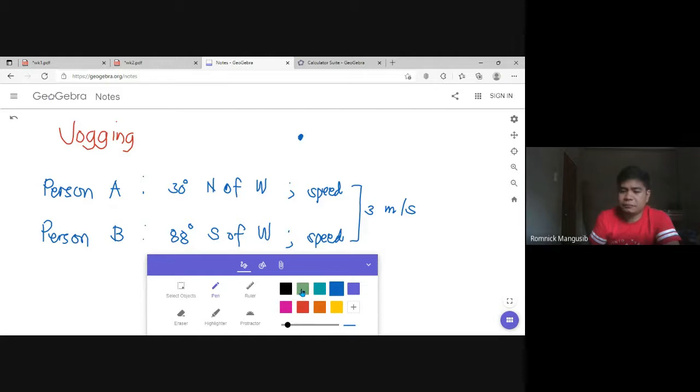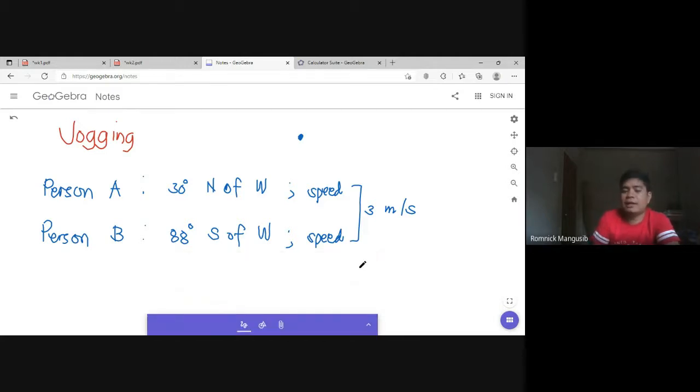So, gaano na sila kalayo sa isa't isa after, so that is 3 meters per second, after 1/2 hour, what is their distance? Okay, so anong distansya nila after 1/2 hour?